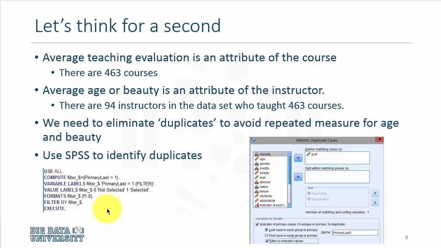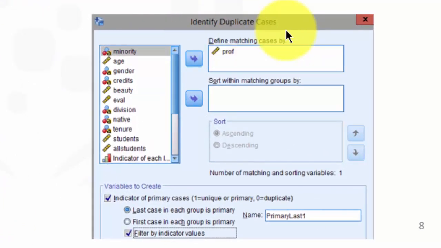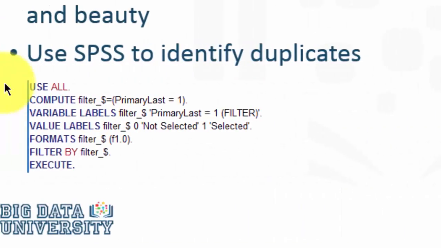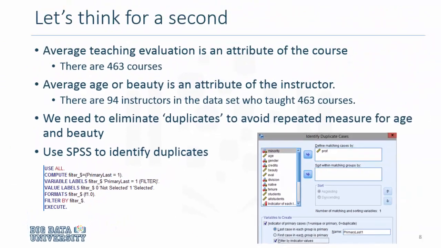SPSS has the ability to identify duplicates and remove them, or at least allow us to create a new variable based on which we can filter the data. Therefore, I have used the identify duplicate cases algorithm in SPSS to subset the data set. The algorithm generates this script. You can actually highlight this script and run it to get the same effect.